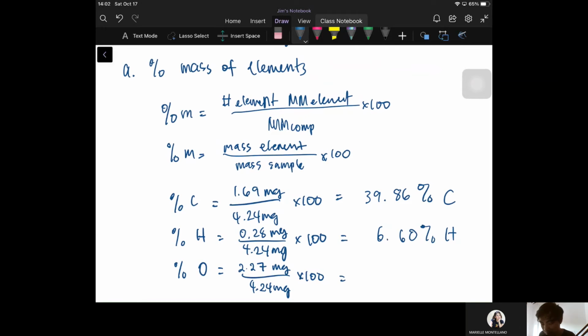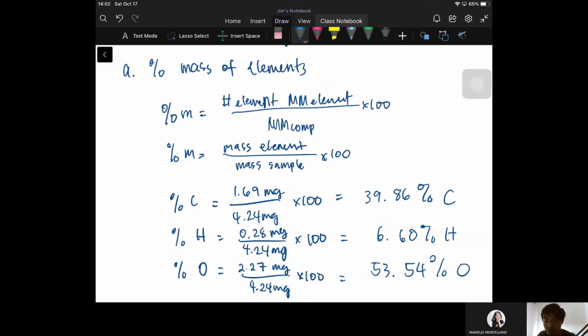Oxygen na lang natira. Okay, so oxygen is 53.54%. Okay, so we have the percent mass na. Okay, so ganun lang ka-easy. Check natin kung 100% yan. Okay, so that's 100% in total. Oh, very good. No? So, okay na tayo.